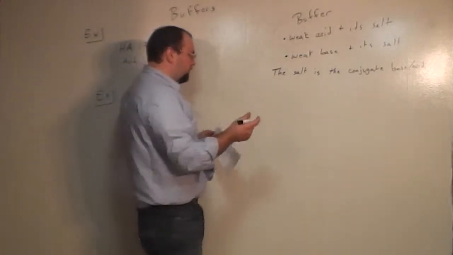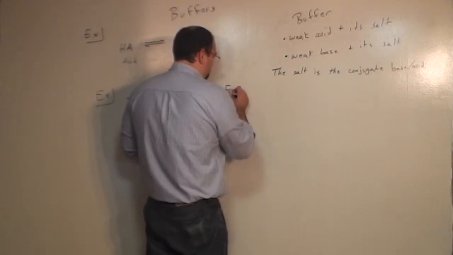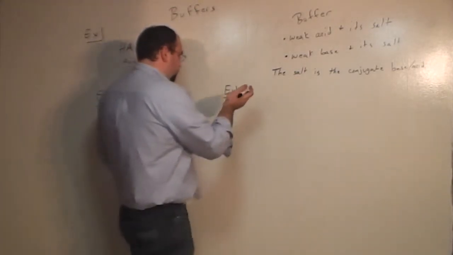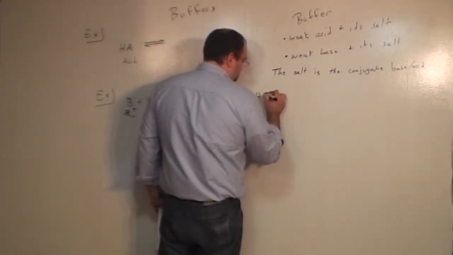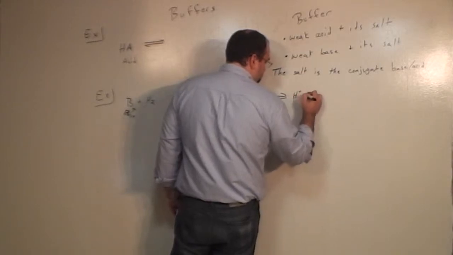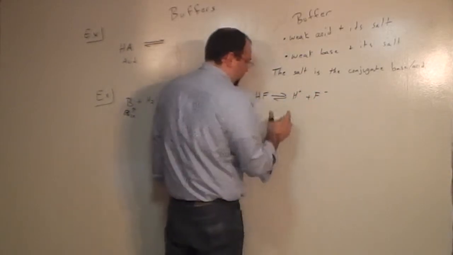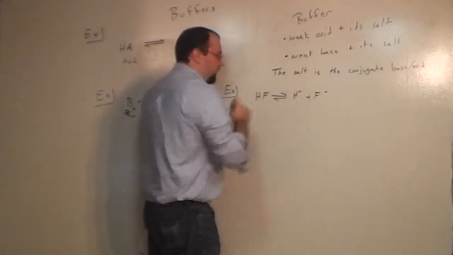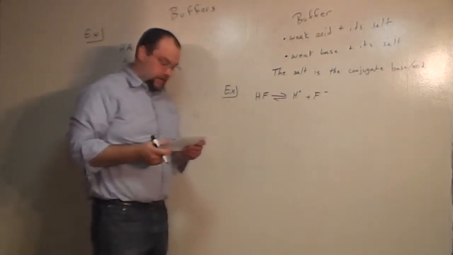So let's say, for example, I wanted to make a buffer with hydrofluoric acid. Hydrofluoric acid is HF. That's going to form an equilibrium with H plus and F minus. This is a weak acid, it dissociates. So here's my acid, here's my conjugate base, this is my proton.